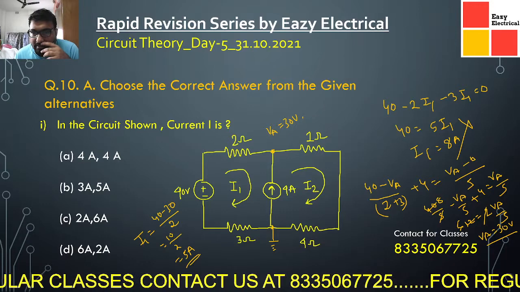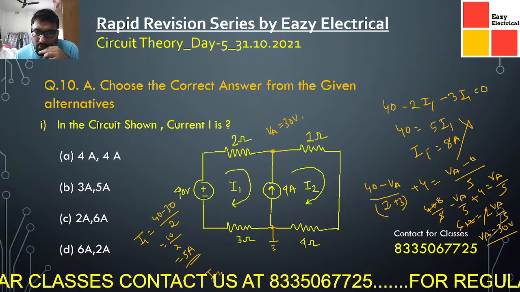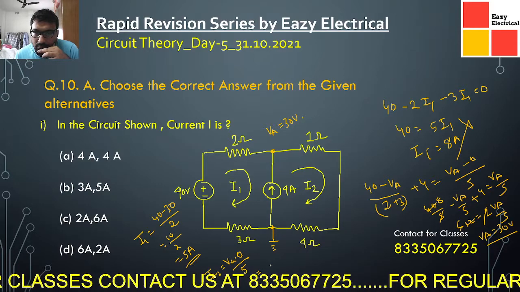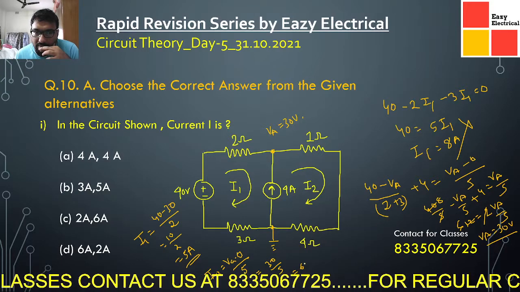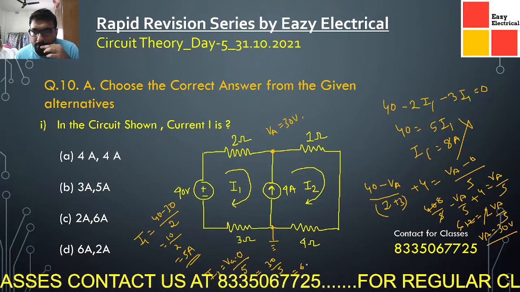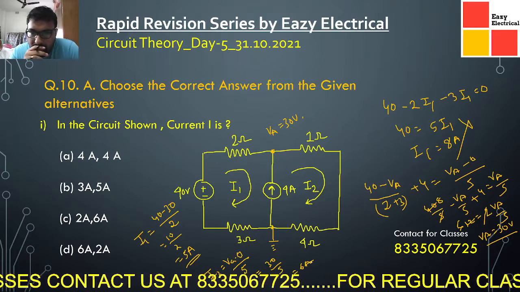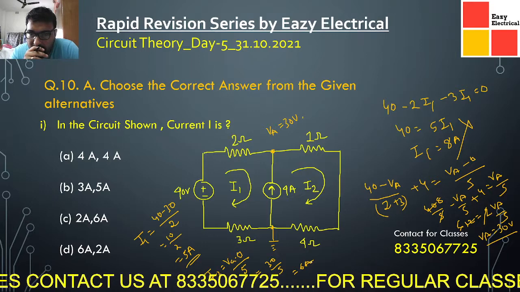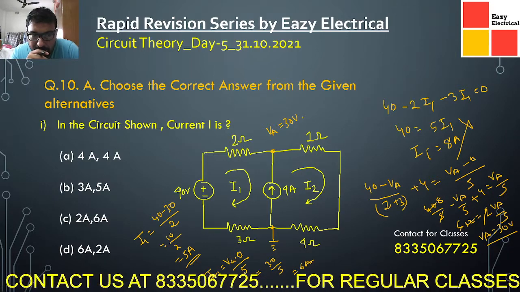And in this direction, if I consider, I2 will be VA minus 0 divided by 5. VA is 30, so 30 by 5, that is 6 amperes. So 5 and 6 amperes.